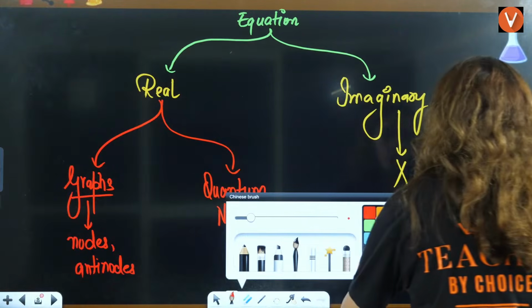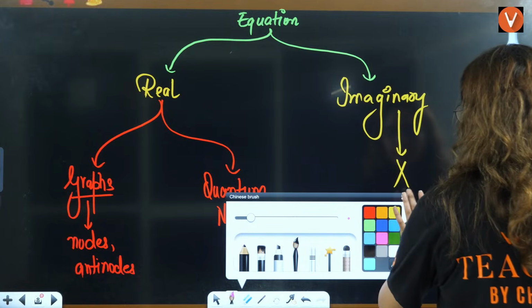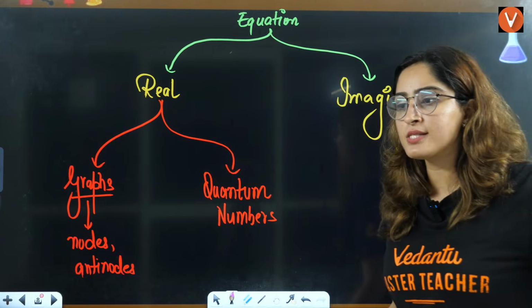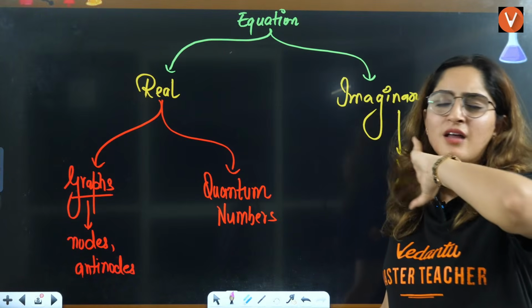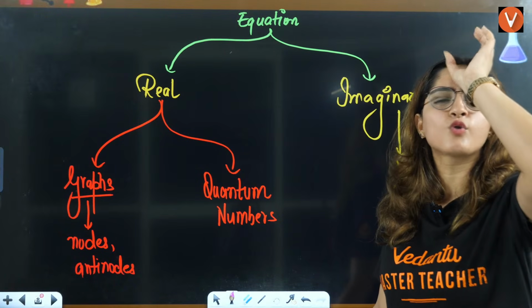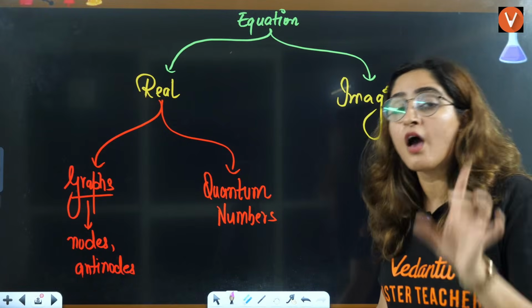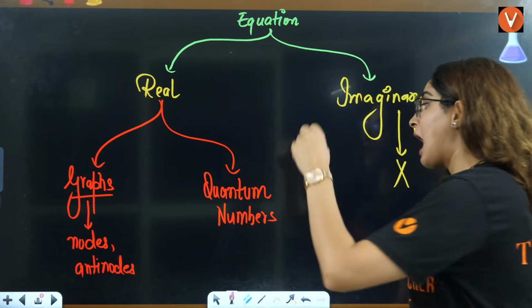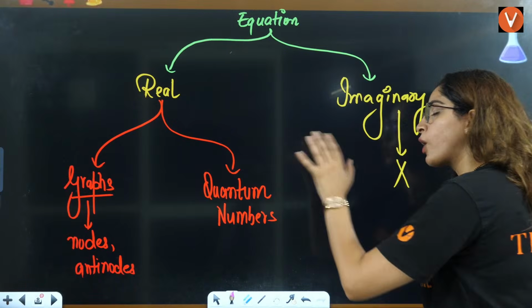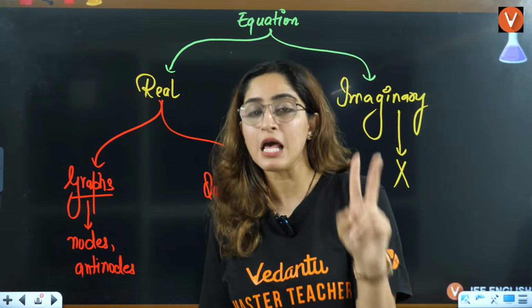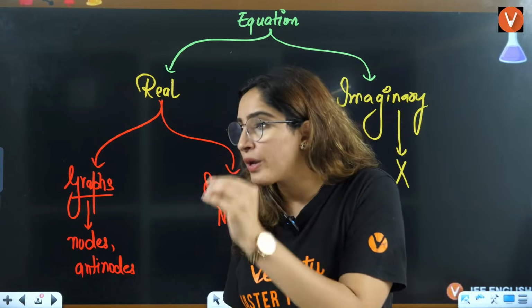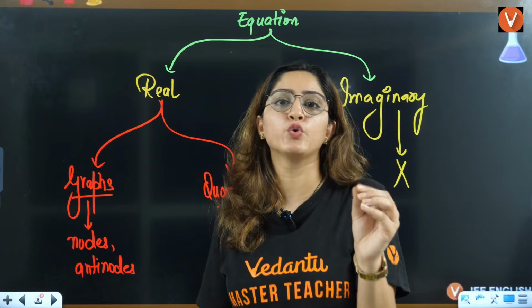One very important question that they ask from this equation: how it is solved is not in your syllabus. What is in your syllabus is that after solving this, you get quantum numbers. You have 4 quantum numbers, but this equation is only going to give you 3.